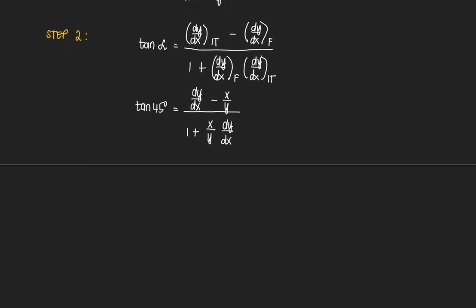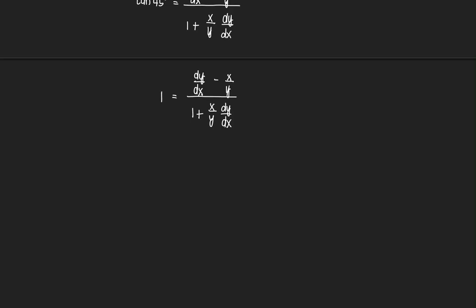But we know that tangent of 45 degrees is just equal to 1. So 1 equals dy/dx minus x over y over 1 plus x over y dy/dx.